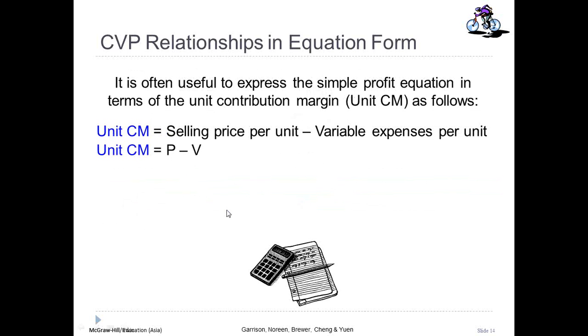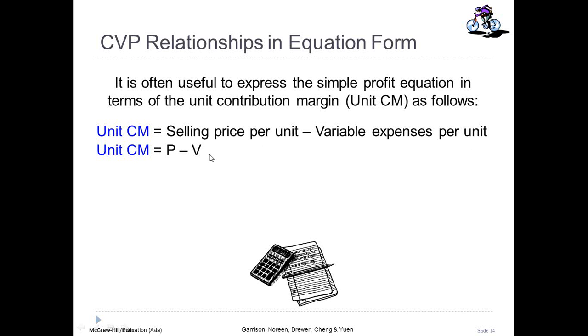Now, we can express the cost volume profit, CVP, relationship in equation form. So here we go. The unit contribution margin is equal to the selling price per unit minus the variable expenses per unit. Notice it's per unit.